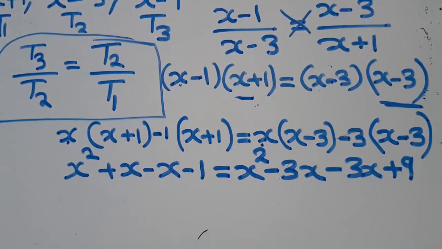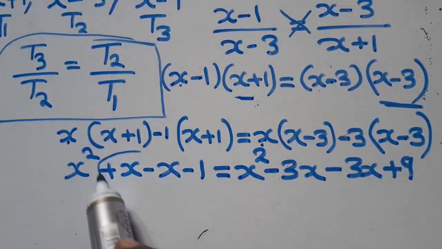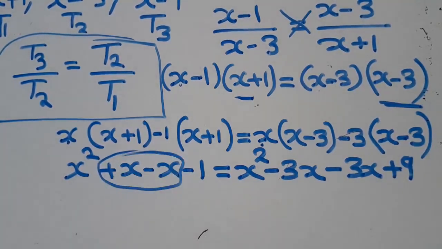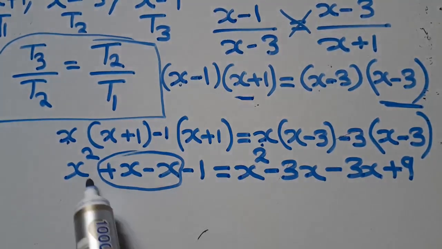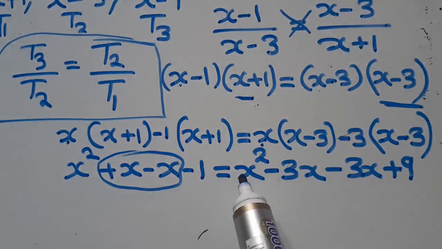After reaching this stage, what you need to do next is start working out like terms. You start grouping like terms. You know that here, x minus x gives you a 0. X squared, this is also x squared.